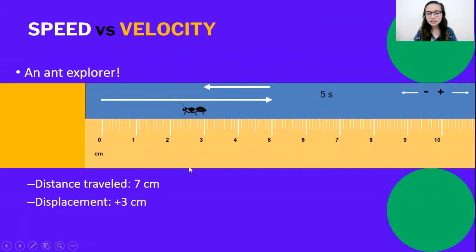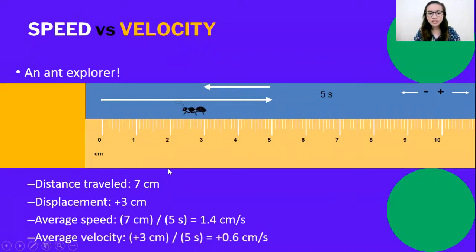And then the displacement is positive 3 centimeter. How? You have your final position is at positive 3, and then your initial position is at 0, so you subtract positive 3 minus 0, you will get positive 3 centimeter. Okay, and then to determine your speed, you divide distance traveled divided by 5 seconds. You have 1.4 centimeter per second.